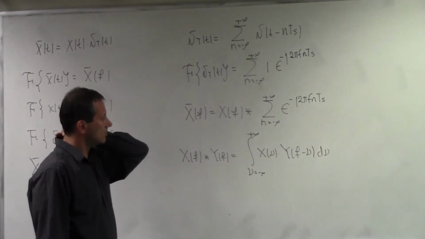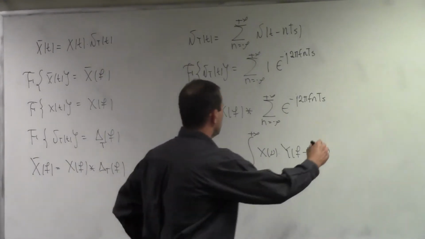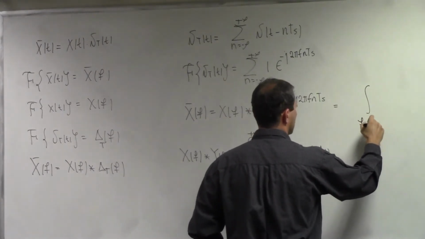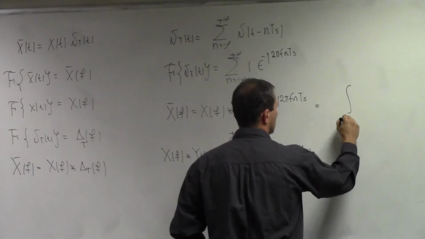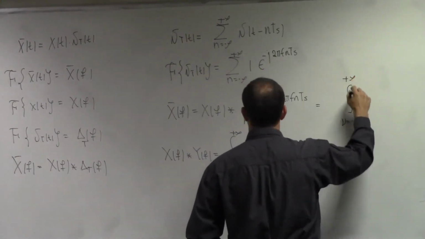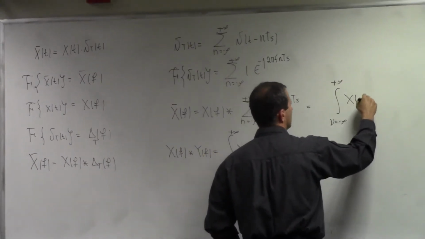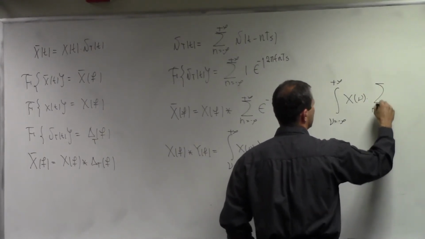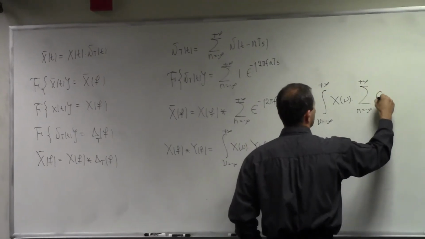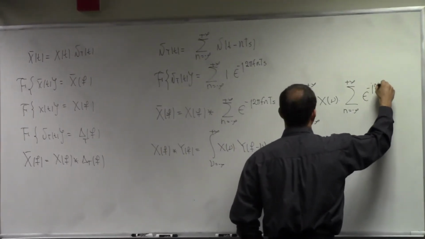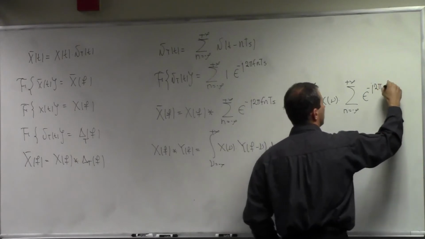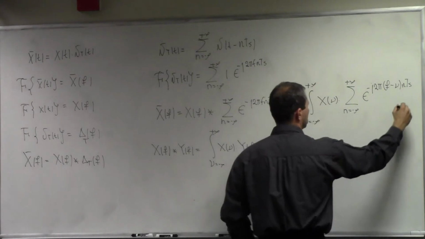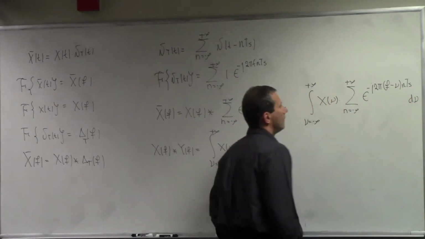Let's do it without it. So this becomes the integral, nu from minus infinity to plus infinity, of X of nu times the sum, n from minus infinity to plus infinity, of e to the minus j 2 pi (f minus nu) n Ts, d nu.